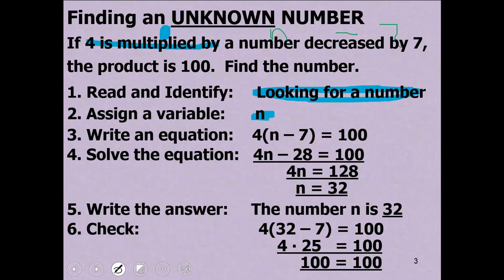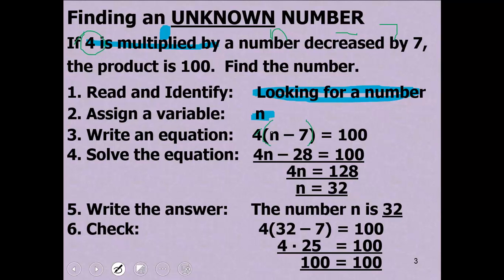So I have 4 multiplied by a number decreased by 7. You have to realize what this is saying is that the 4 has to be multiplied by the number after it's decreased by 7. That's why we need the parentheses, all right? 4, n minus 7 in parentheses equals 100.